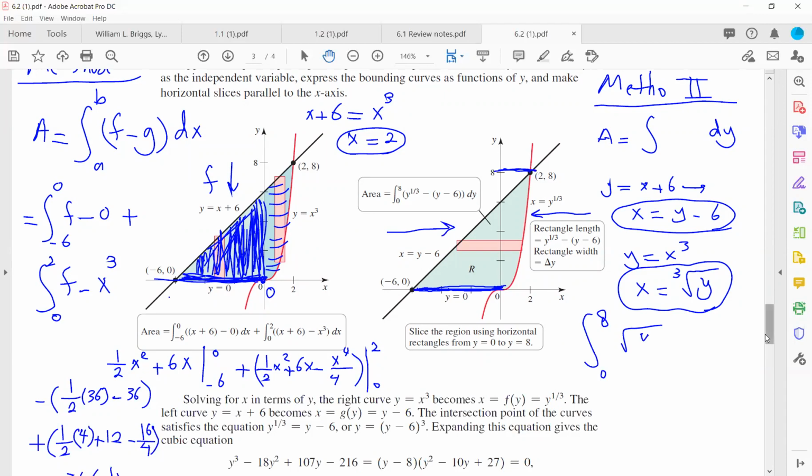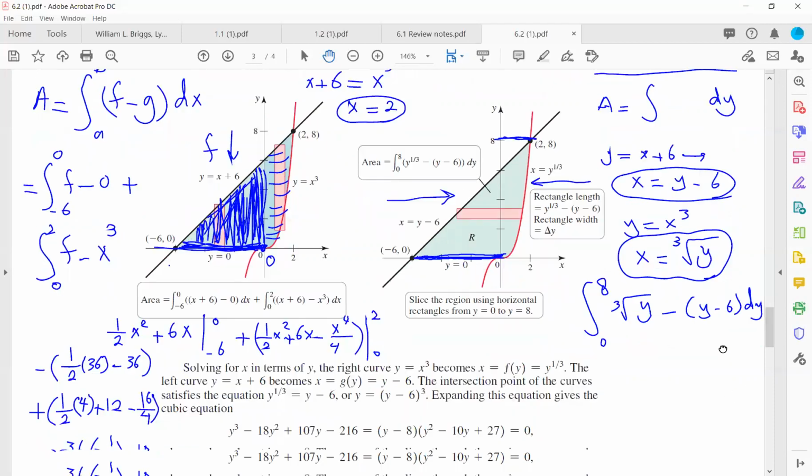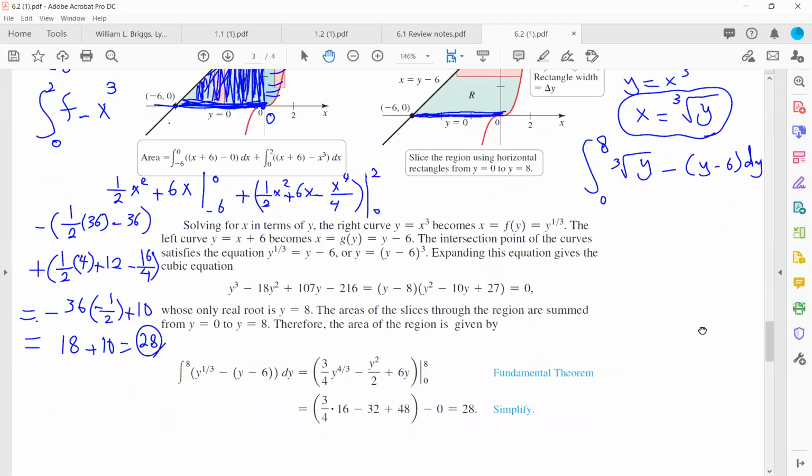The third root of y minus y minus 6 dy. As you can see, you have y to a third.